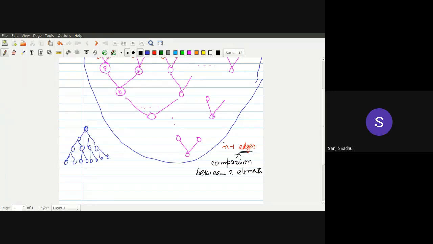So that means at least, whatever be the design of your algorithm, there will be at least n minus 1 comparisons required to find out the largest element.